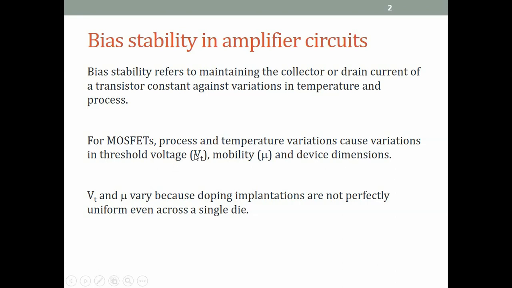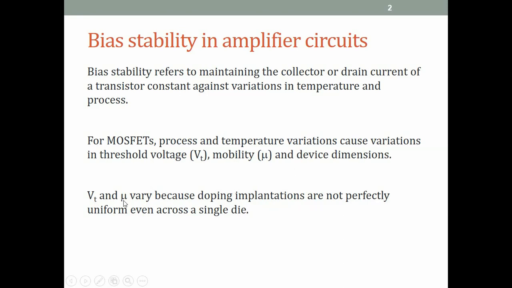Now, the reason threshold voltage and mobility vary with process as well as temperature is because of their dependence on doping density. During fabrication, the implantations that are done to design for the threshold voltage, the exact amount of implantation that occurs in any small area of a single die, actually varies from one place of the die to another, and that causes variations in VT.